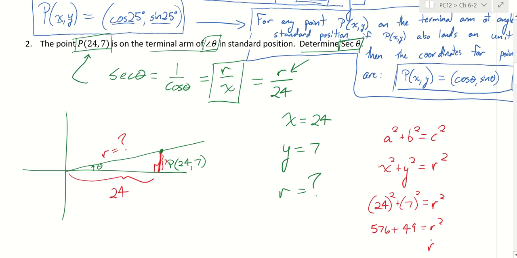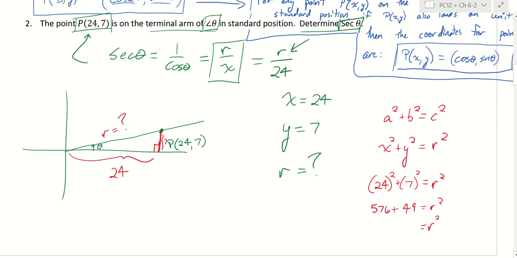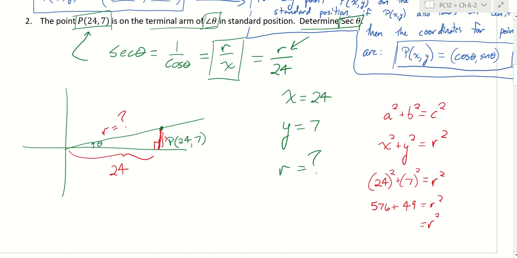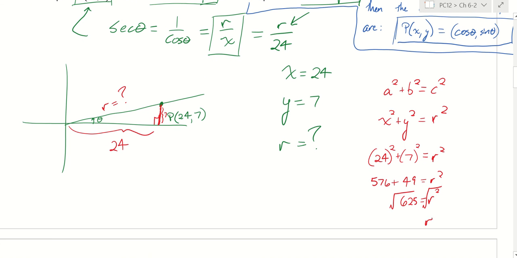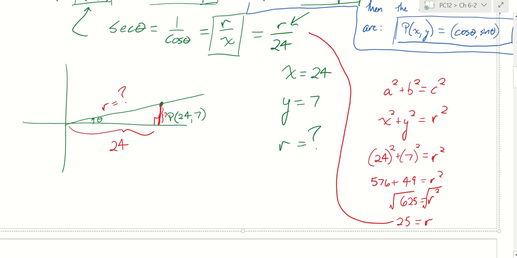So r squared is equal to 576 plus 49, which should be 625. And all we have to do at this point is algebraically solve for r by taking the square root. So r is really just 25. Right? 25 times 25 is 625. This isn't our final answer, but this helps us get to our final answer.